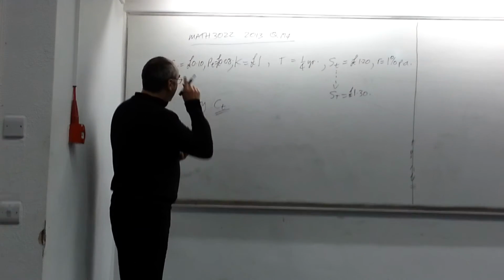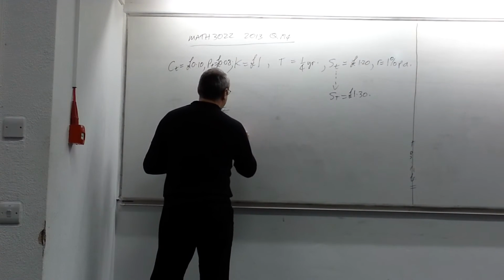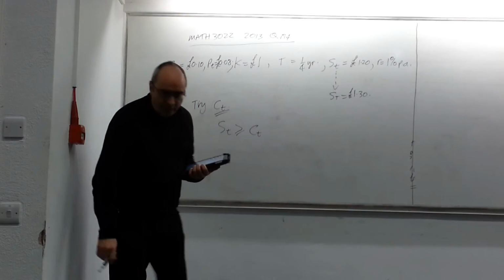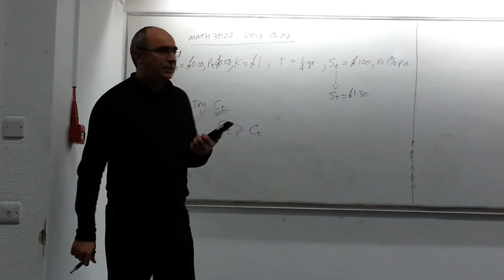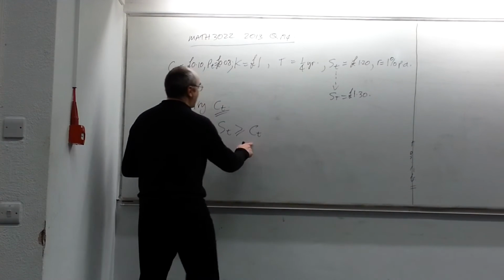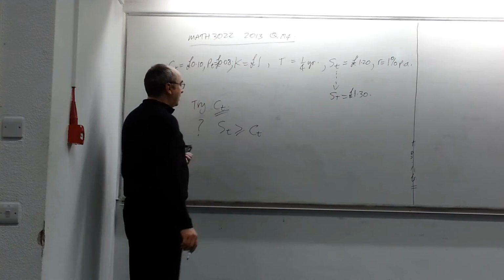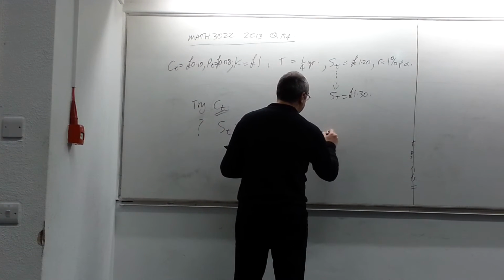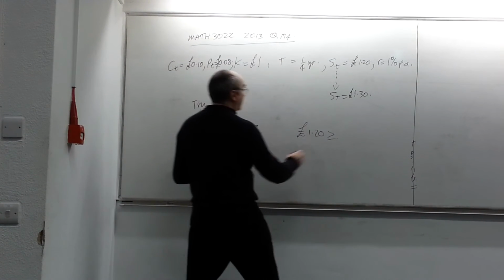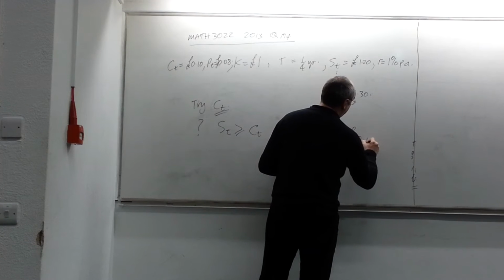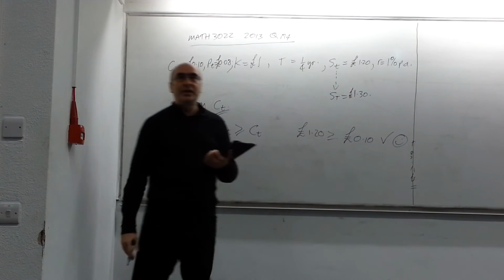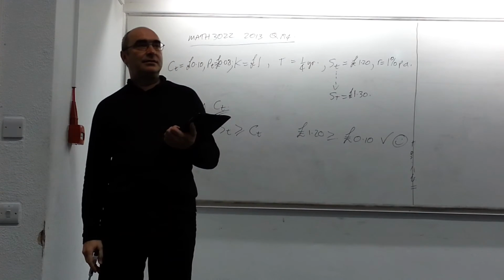So the first thing that we've got is ST has got to be greater than or equal to CT. Well, what's ST? ST is £1.20, and is that greater than or equal to 10p? Yes. So the upper bound is not violated. Okay.